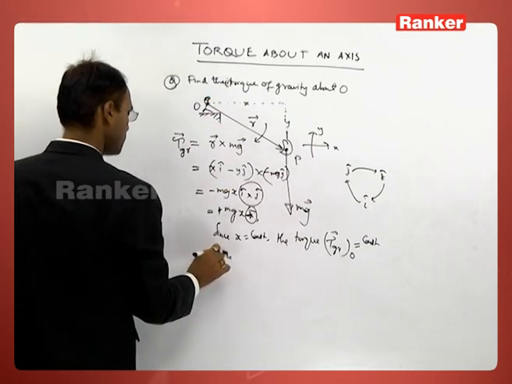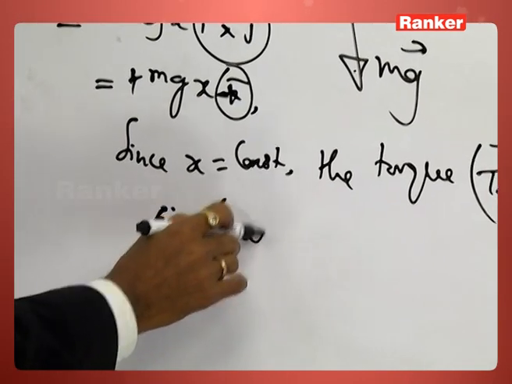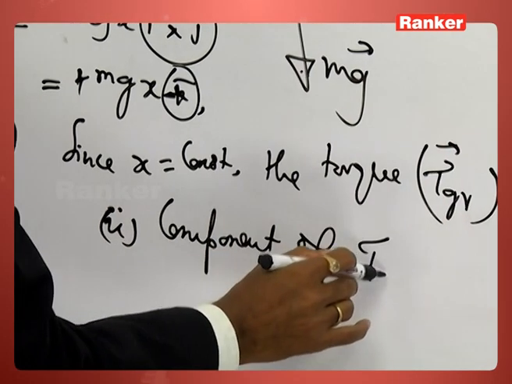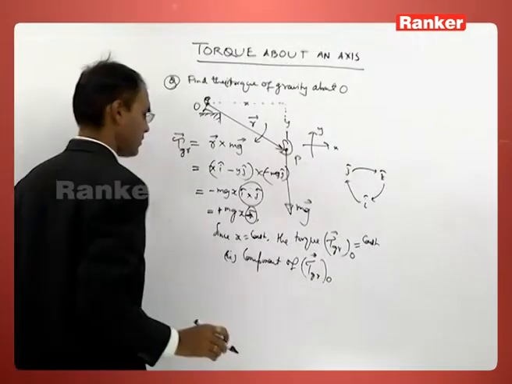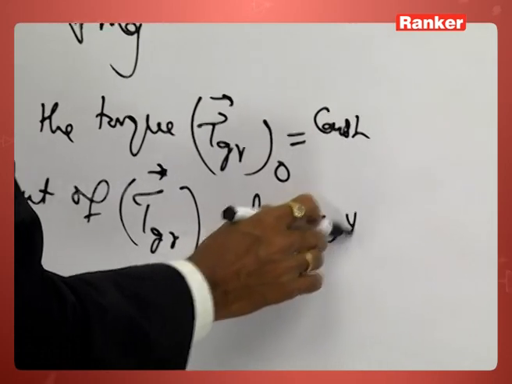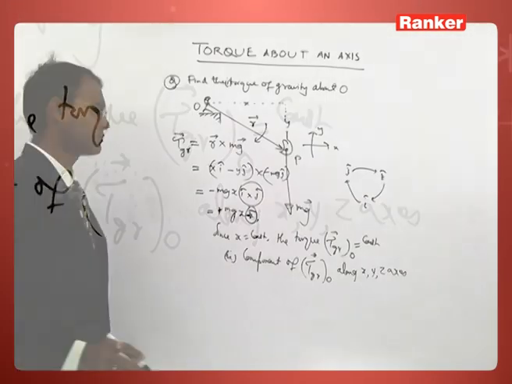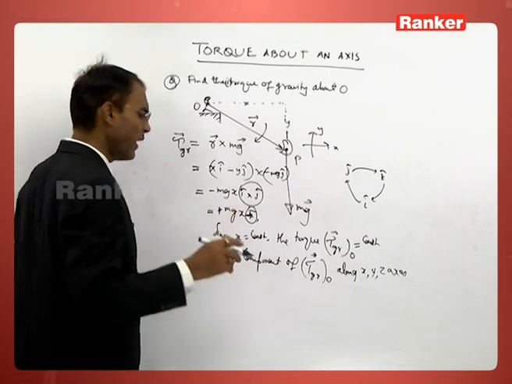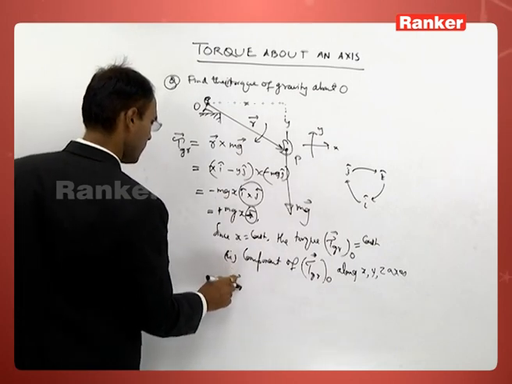The next question is, find the component of the gravitational torque about O along x, y and z axis. Since the gravitational torque is pointing along negative z direction, tau x is 0.